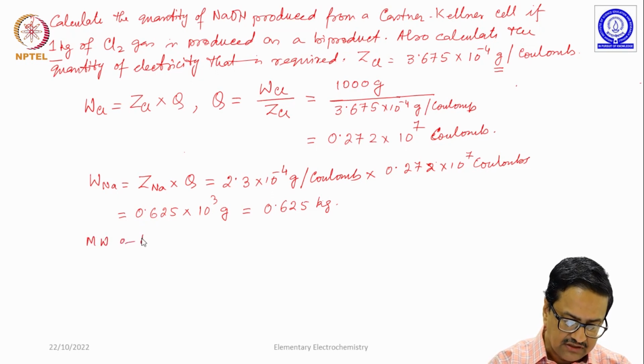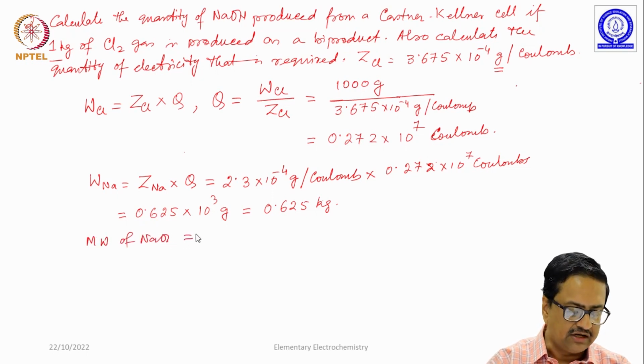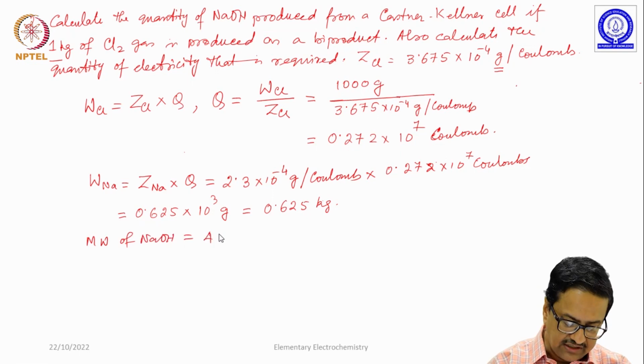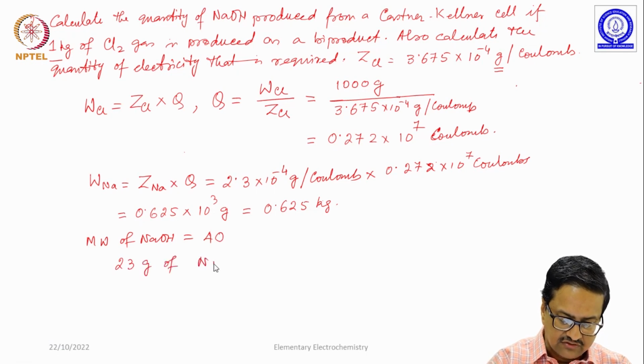Now we know the molar mass of NaOH is 40 grams per mole. So 23 grams of sodium corresponds to 40 gram of NaOH.